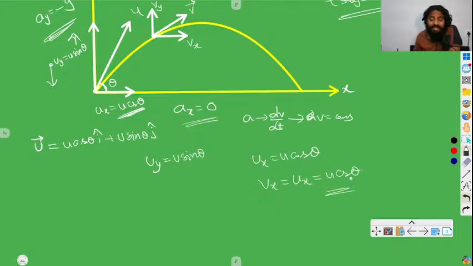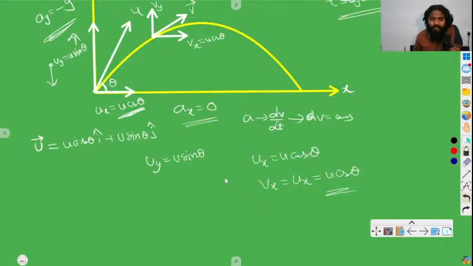That is why the velocities are the same. Now I can tell that vx is equal to u cos theta. It never changes if you neglect the air resistance. If the question mentions air resistance, definitely you must take the acceleration or deceleration because of the air resistance, find it out, and then you can apply.